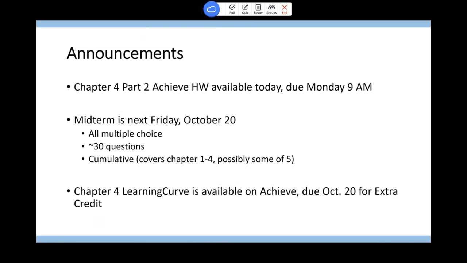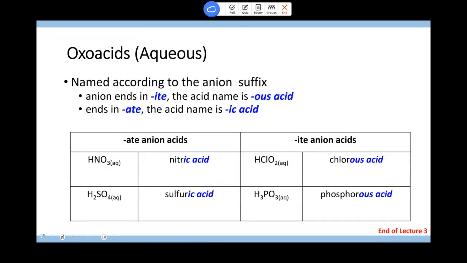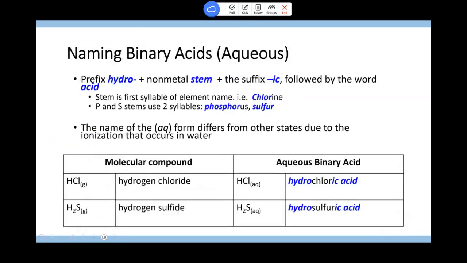All right, at the end of class last Friday, we were talking about naming acids. So there's really 3 different patterns for naming that we've talked about. One is when we have a binary acid, so hydrogen, and then one other element. Chlorine and sulfur are shown on here.